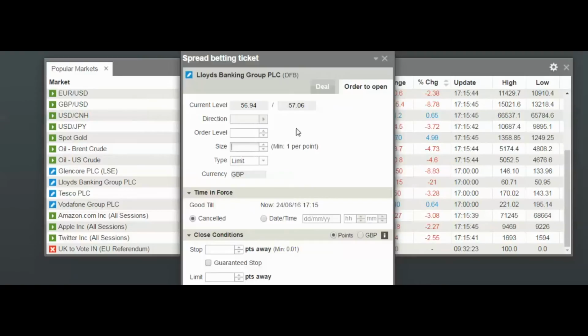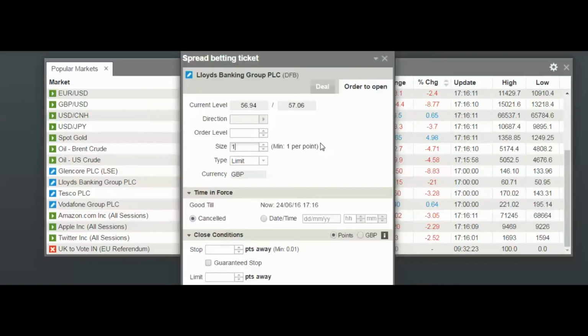So if you were deciding to take on Lloyd's now in the expectation that the share price potentially could increase to £1 per point, so you're looking at a 43 pence rise, then what you would be doing is trading at a much higher amount per point.